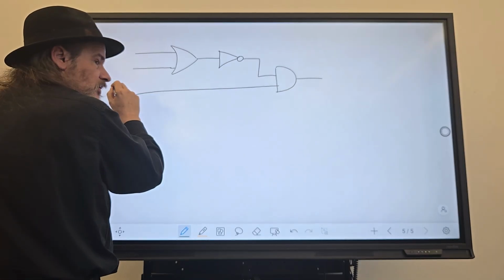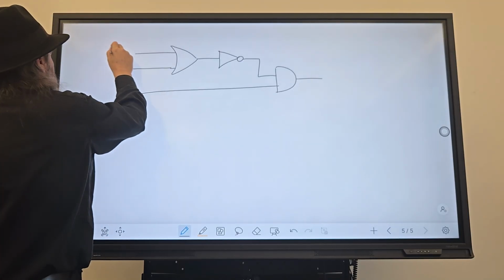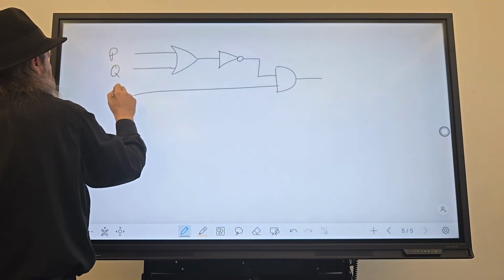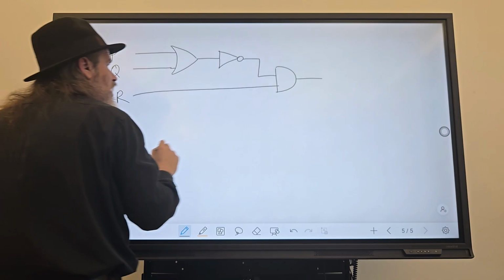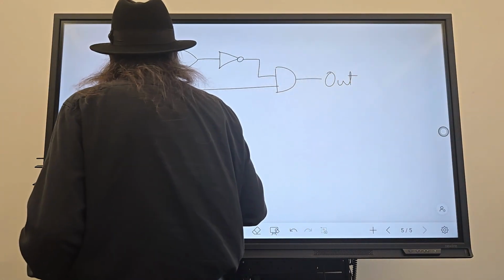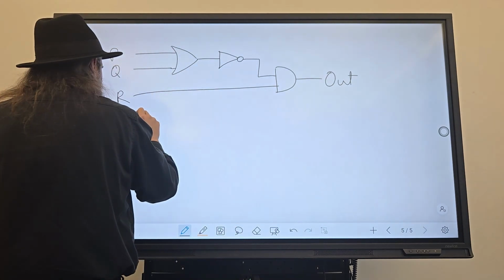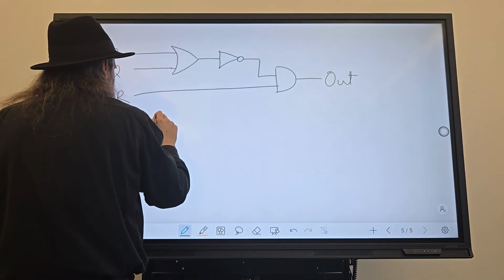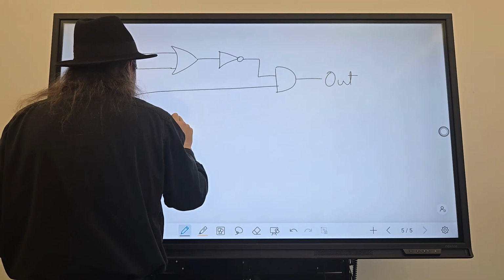And say these are P, Q, and R. That's your out. What you do is start your truth table.